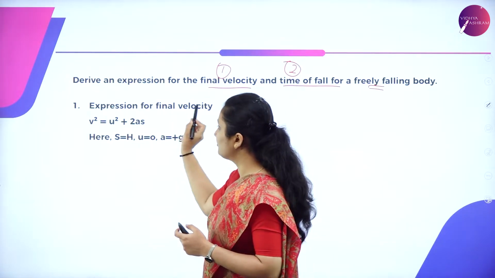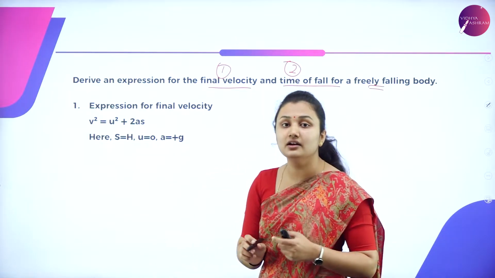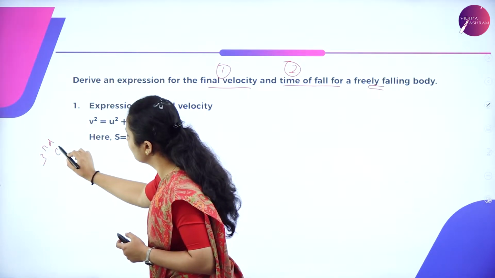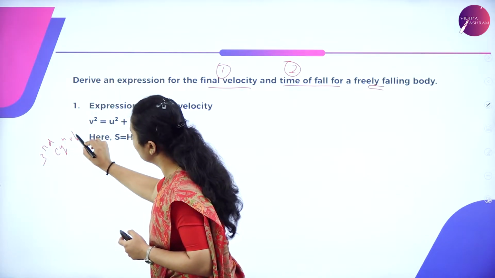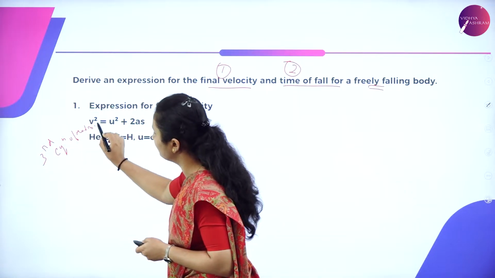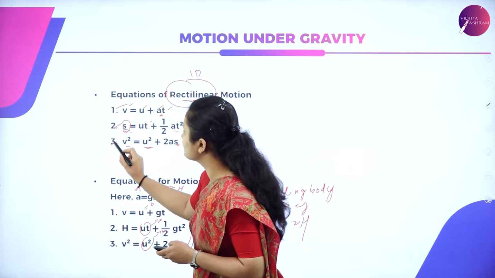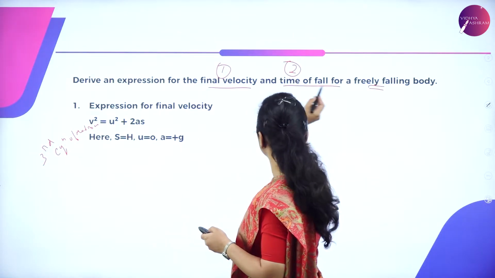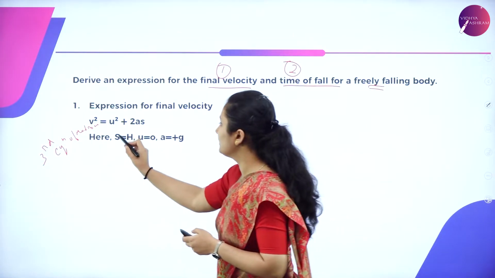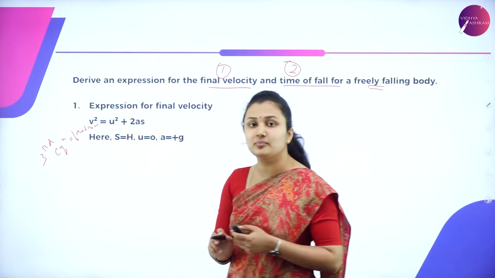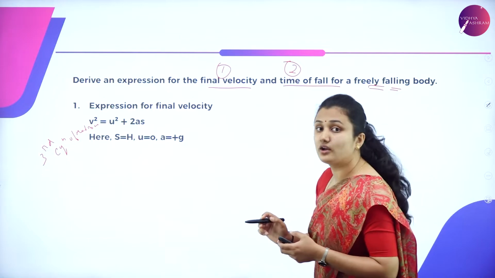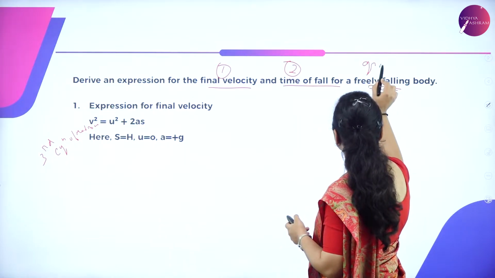For the expression for final velocity, I'll take the third equation of motion. I'll consider this equation to calculate the velocity of the freely falling body. So we know here s is replaced by h, because when it is a freely falling body, they are talking in terms of gravity.